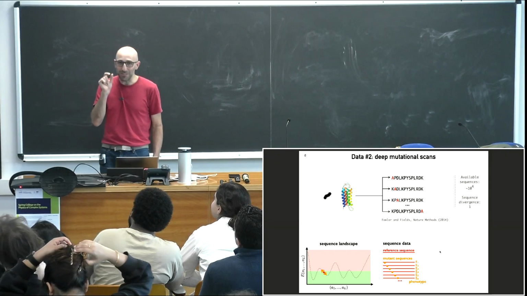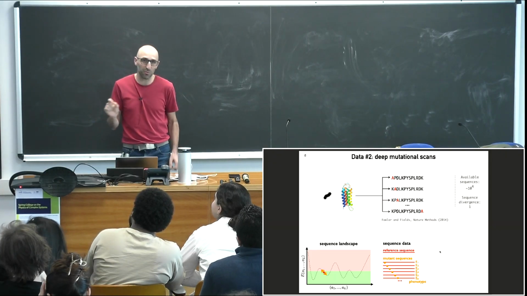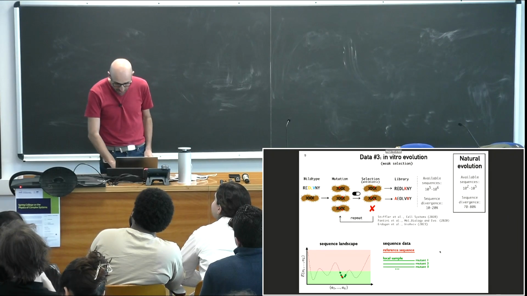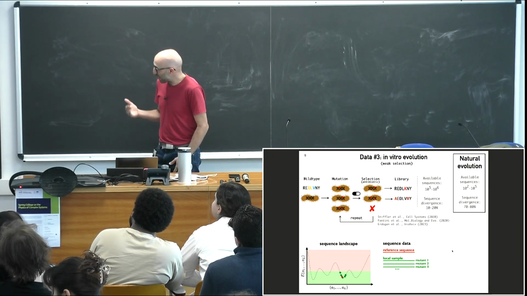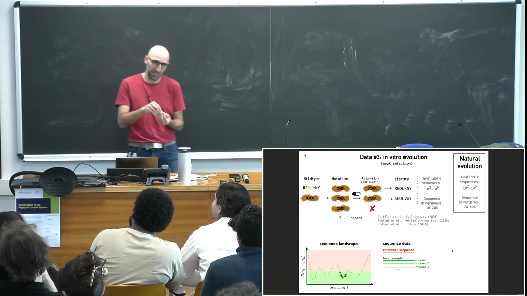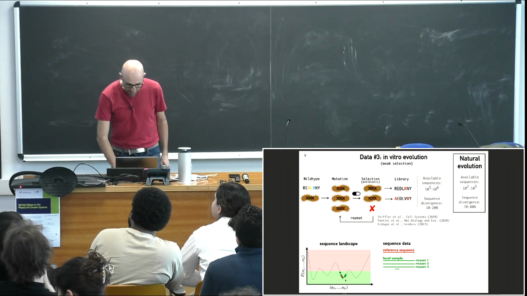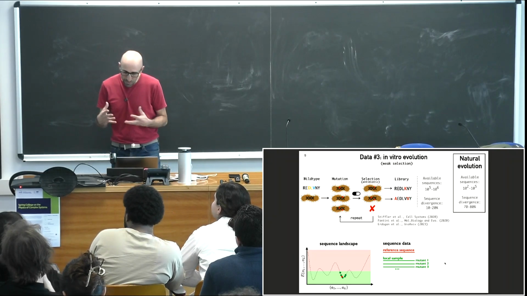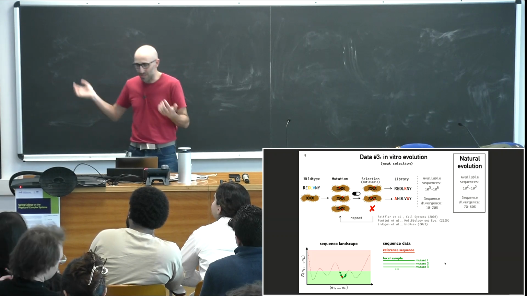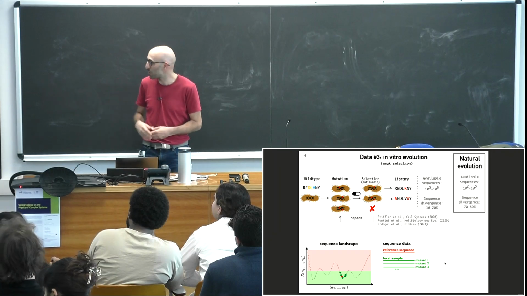We have very local scale information coming from deep mutational scans, where you take one sequence and you do all the possible single mutations. We have experiments where people do evolution in vitro, so they start from one sequence and they let it evolve and diversify. And these are typically confined to short time scales, so they can do 20, maybe 100 generations, hopefully in the future maybe a bit more.